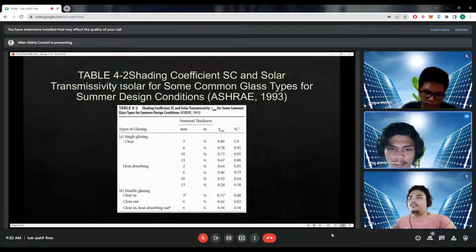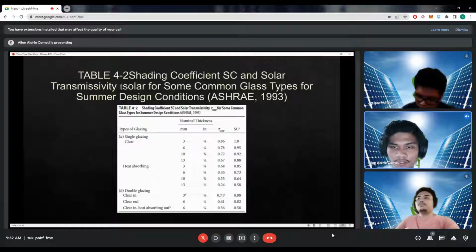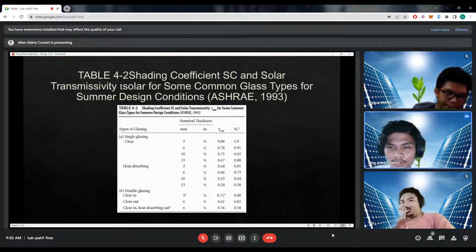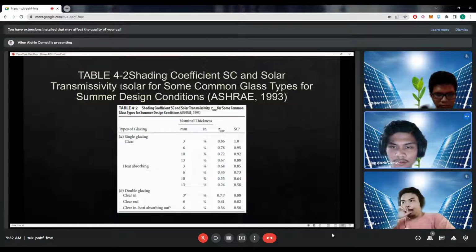For the single glazing, clear, 3 mm, 1/8 inch, T solar 0.86, SC 1.0. 6 mm, 1/4 inch, 0.78 T solar, 0.95 SC. 10 mm, 3/8 inch, 0.72 T solar, 0.92 SC. 13 mm, 1/2 inch, 0.67 T solar, 0.88 SC.